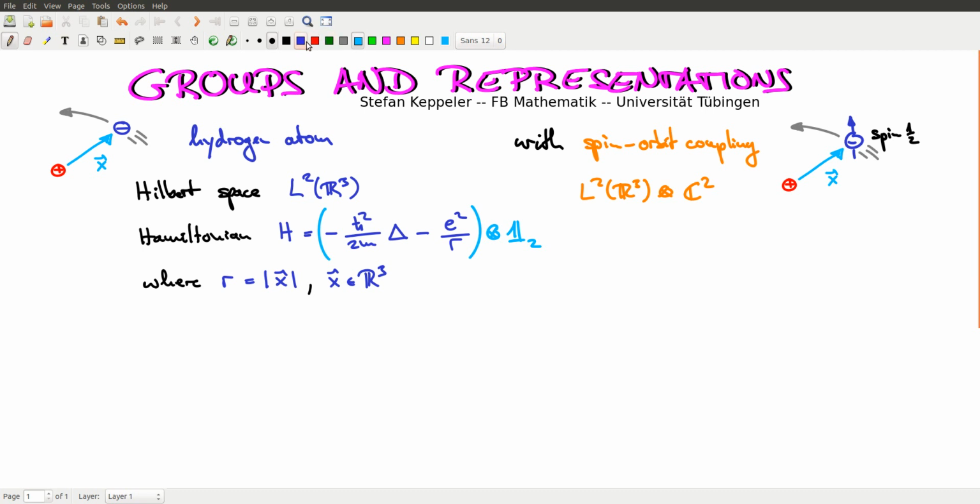We know that the energies, the eigenenergies of this Hamiltonian, they come in multiplets, they are degenerate, and the multiplicities are determined by, let's say, some irreps of O3. We said there are 2L plus one-dimensional irreps of O3.